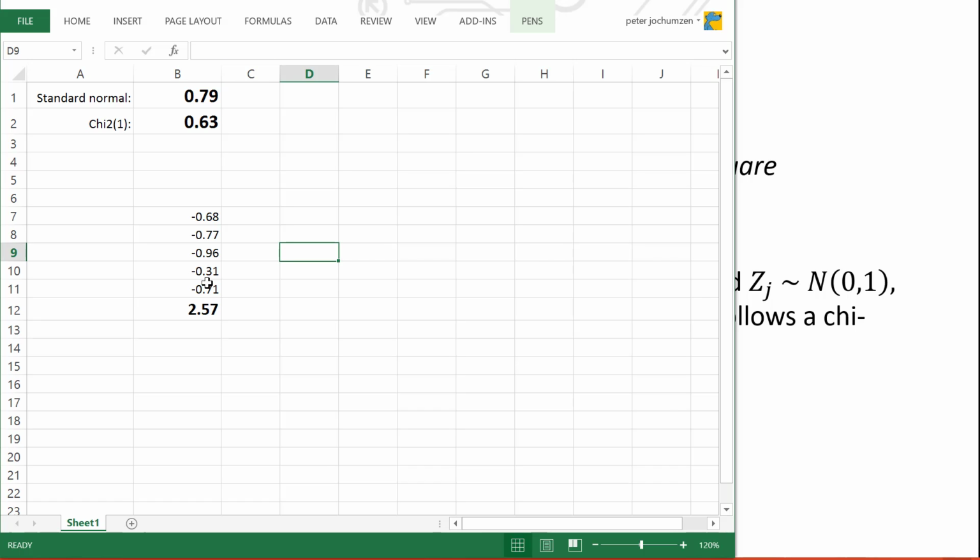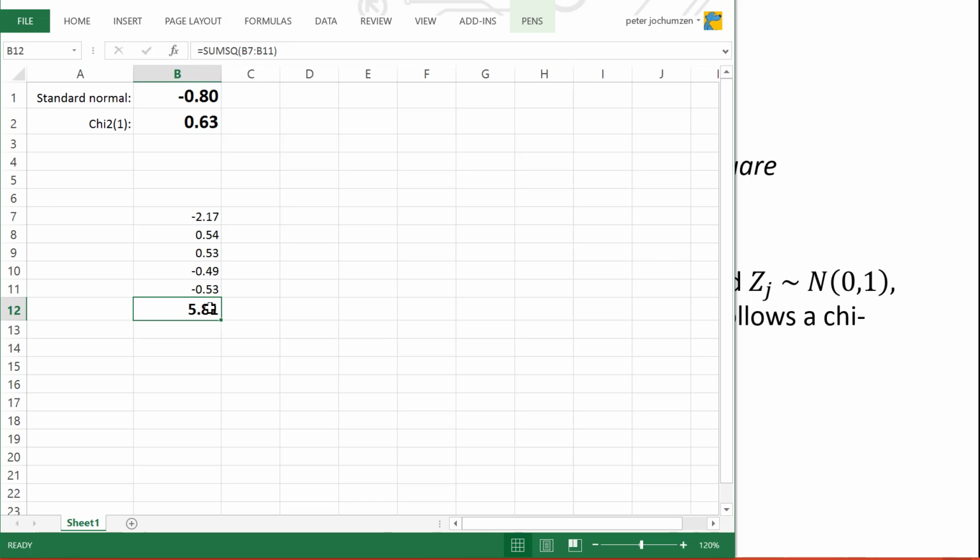Since it's a sum of squares of 5 instead of 1, the drawings from chi-square 5 tend to be bigger than the chi-square 1. And indeed, this one has an expected value of exactly 5. It will always be the particular value of k.